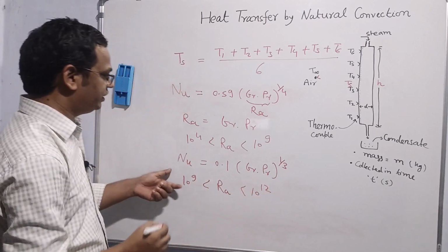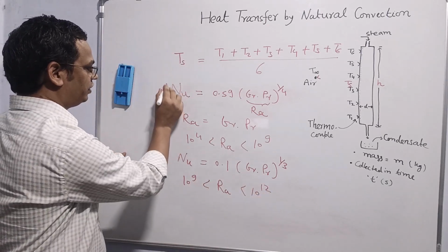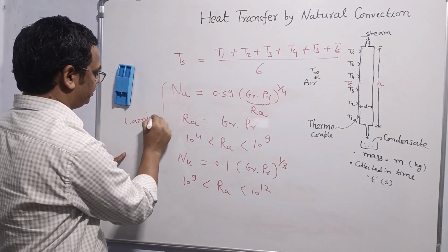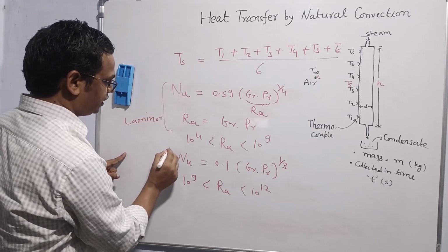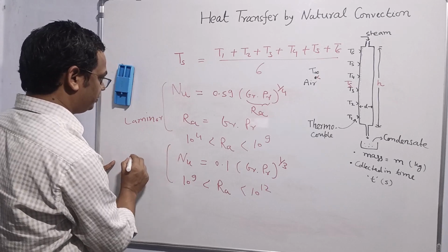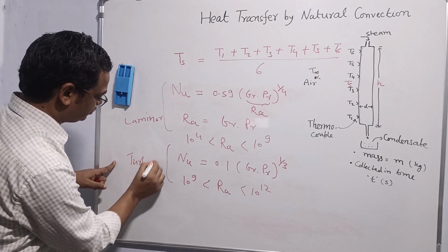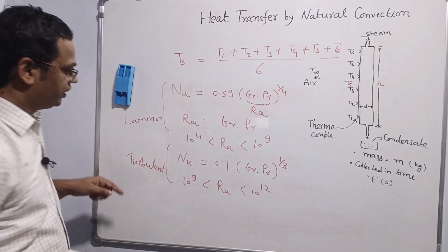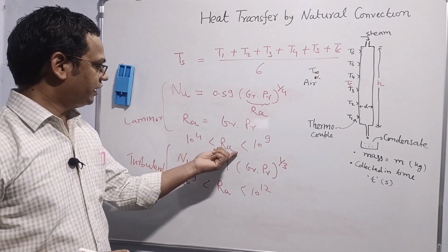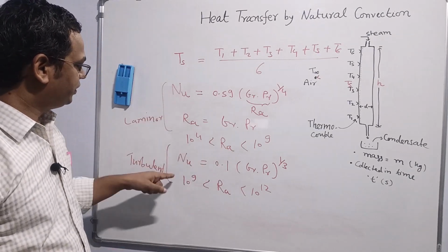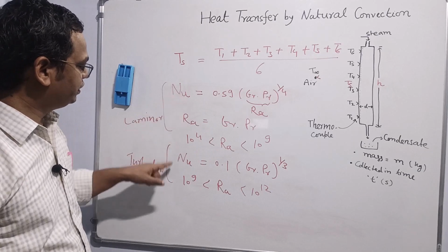This is for turbulent, this is for laminar. So first of all, we have to calculate Rayleigh number. Once we find the range, we can apply the particular equation, either this one or this one.